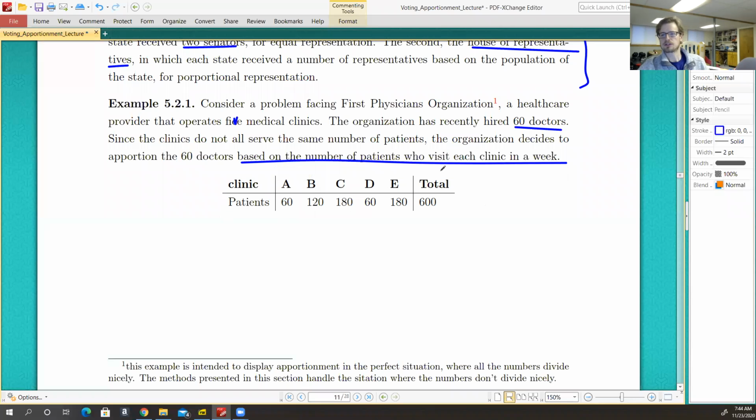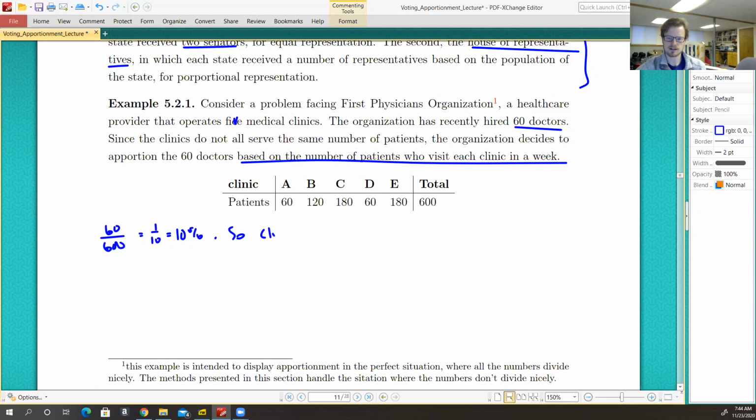To help us decide, whatever percentage of the patients that Clinic A sees, that's the percentage of doctors that they should receive. Clinic A has 60 out of the total 600 patients seen in a week. So this is 1/10 or simply 10%.